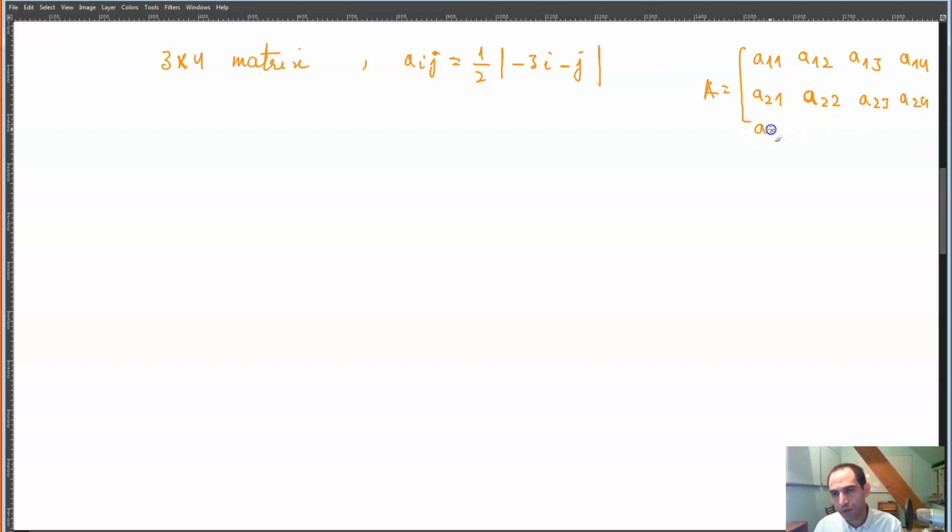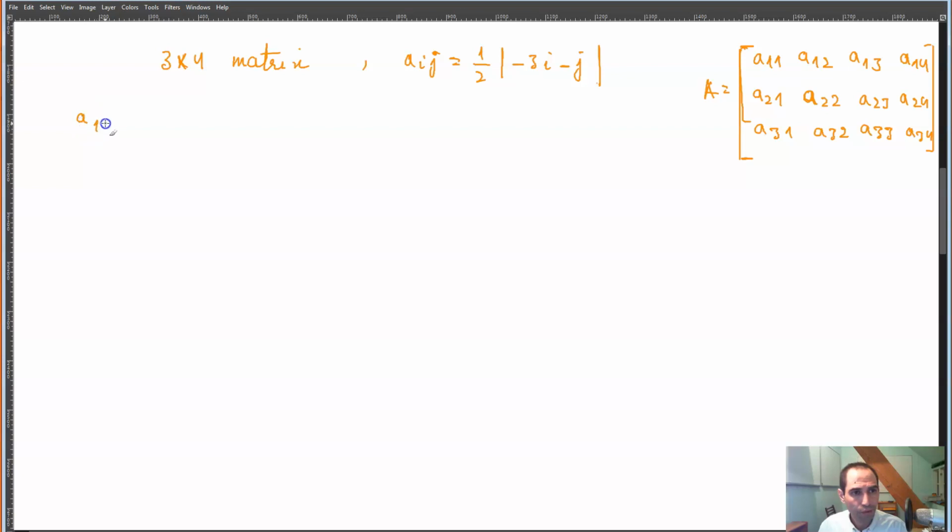And then you have A of 3,1, A of 3,2, A of 3,3, and A of 3,4. That would be the matrix. Now, of course, we need to calculate each of these one by one and then construct the matrix using that. Okay, so now let's calculate these one by one.